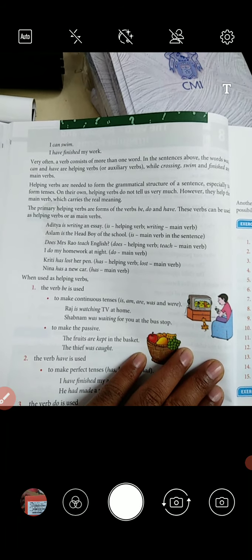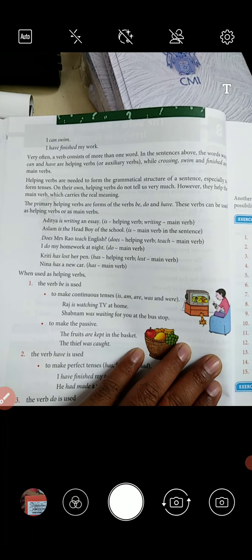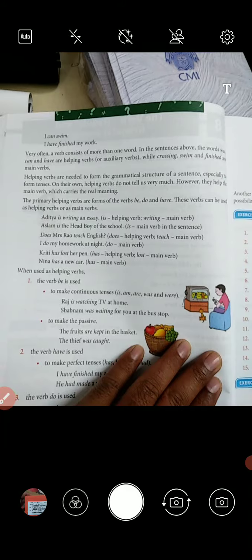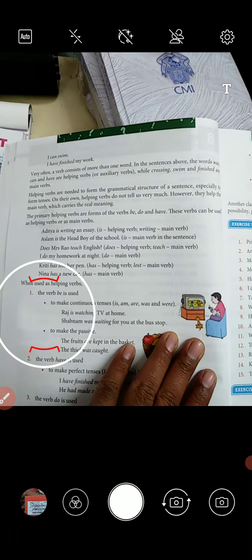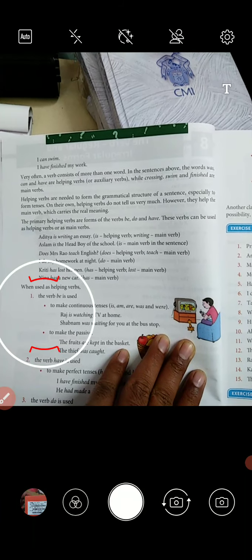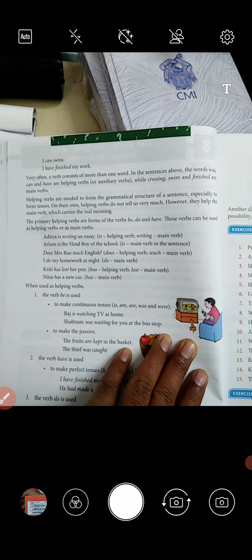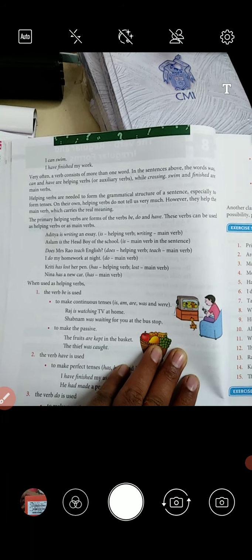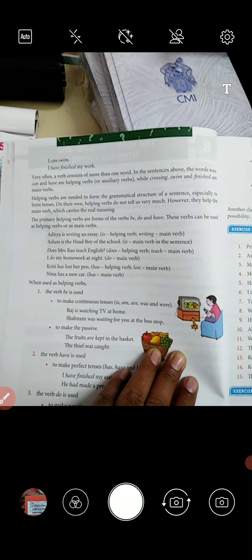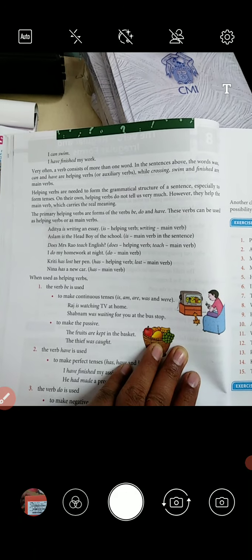So the helping verbs are needed to form the grammatical structure of a sentence, especially to form tenses. On their own, helping verbs do not tell us very much.